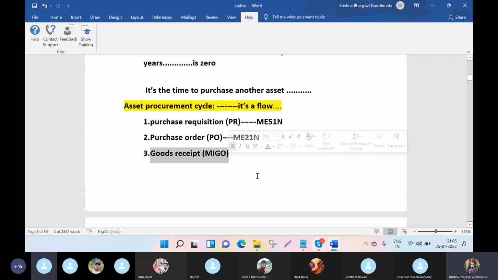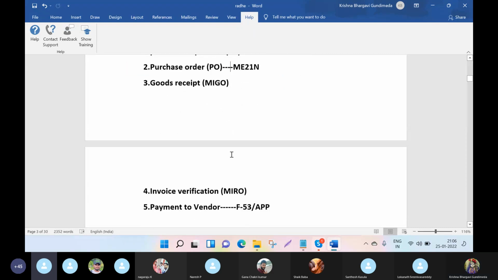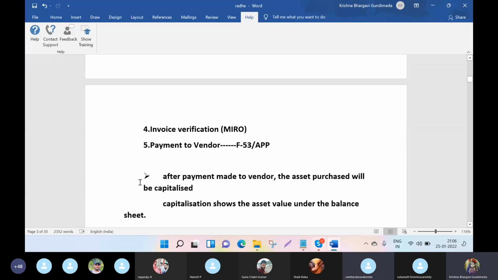MIGO means goods received. At the time of goods received, the invoice is generated or issued by the vendor, at the time of MIGO or after the goods receipt. After verifying the invoice, we have to make payment to the vendor.